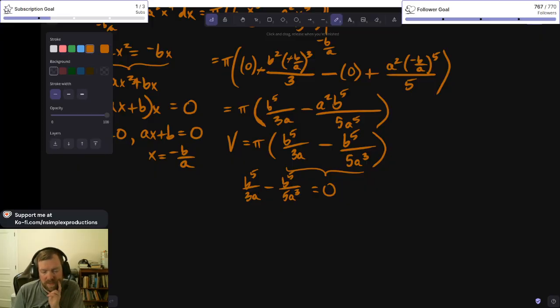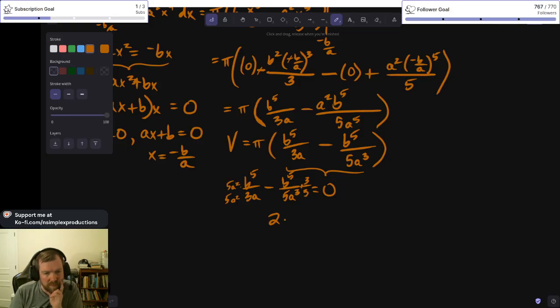Right, so with this, we would need to, just for instance, multiply both top and bottom by 5a squared. And then here, both top and bottom by 3. So it's going to be 2.